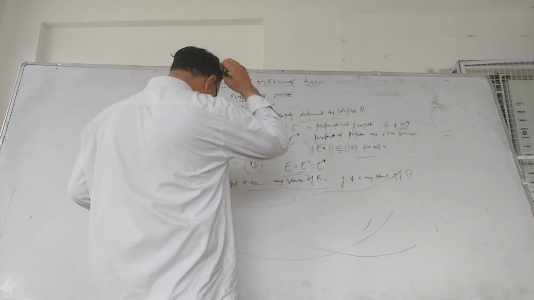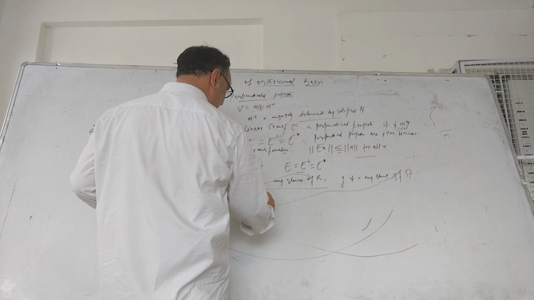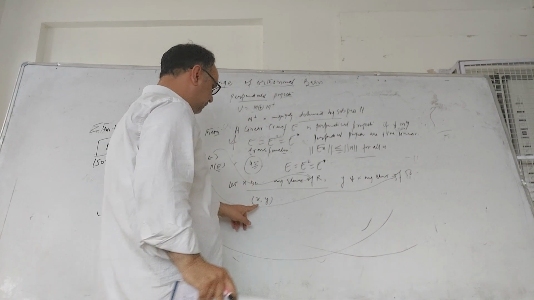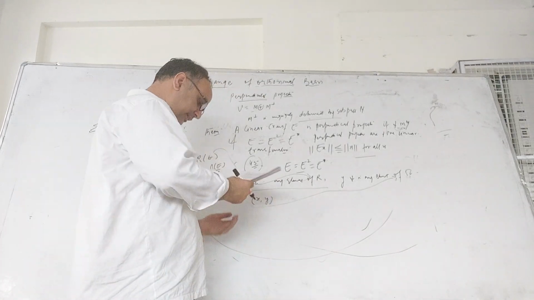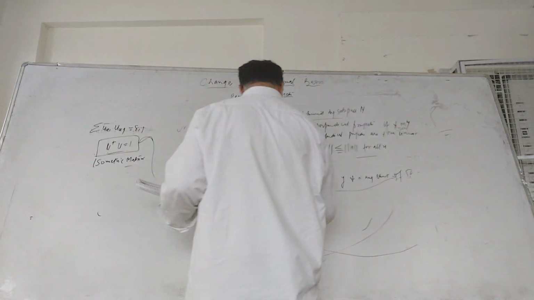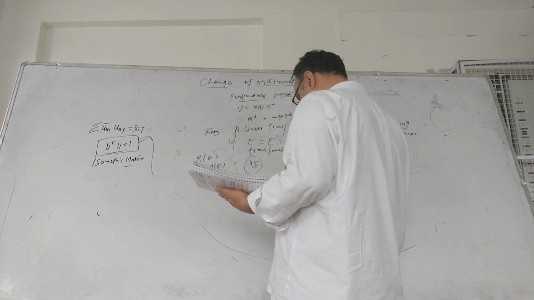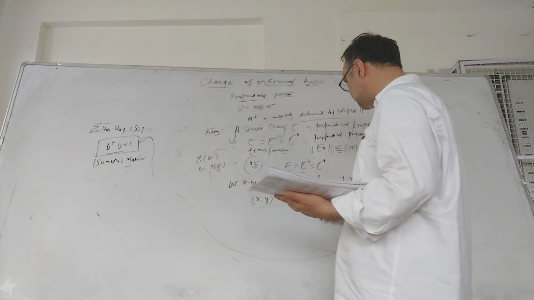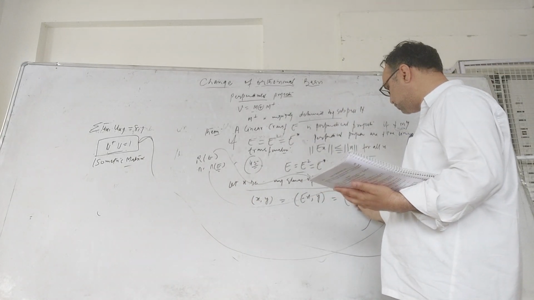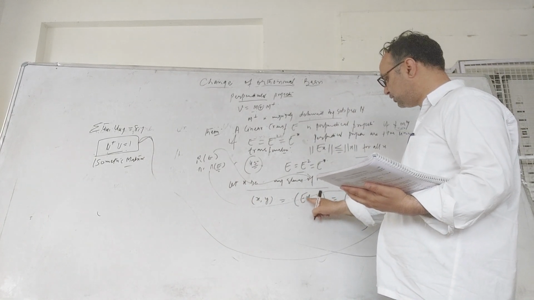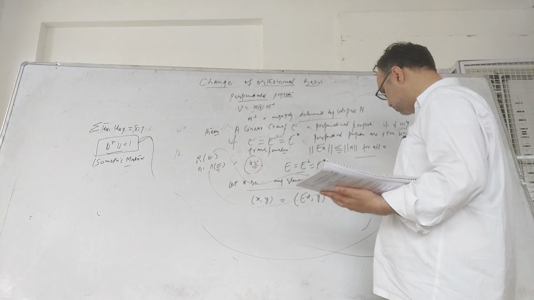So the desired result is, we can write X, Y, one element in one and the other in another, in terms of the projection space. So Ex, Y can also be written as, if you just change the order, by linearity E will go from this, but it will be conjugate from this side.